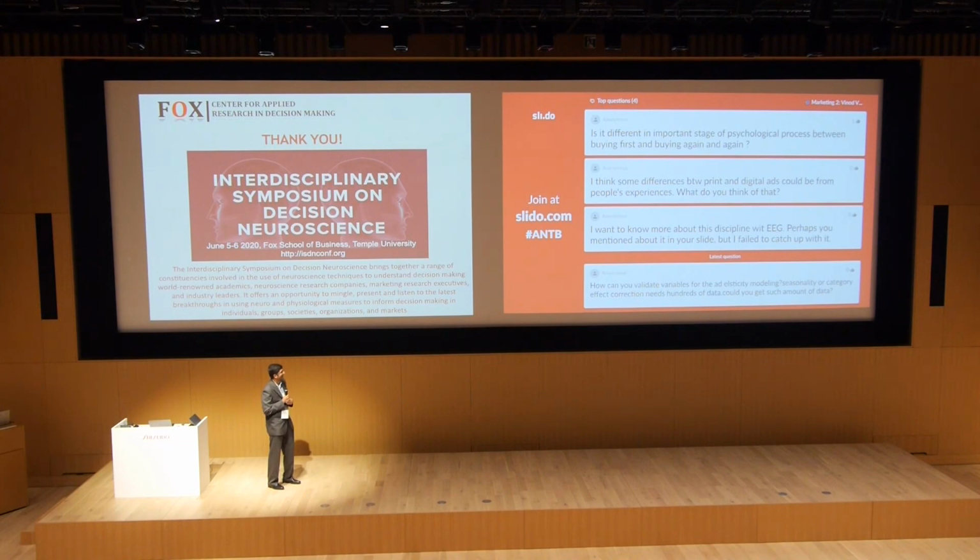And then there's a question about how you modeled the elasticities, actually. So how is the seasonality, category effect, and so forth? Yeah, I think I need more time than 1 or 2 minutes to explain that. But the basic idea is these were split into both long-term and short-term elasticities.